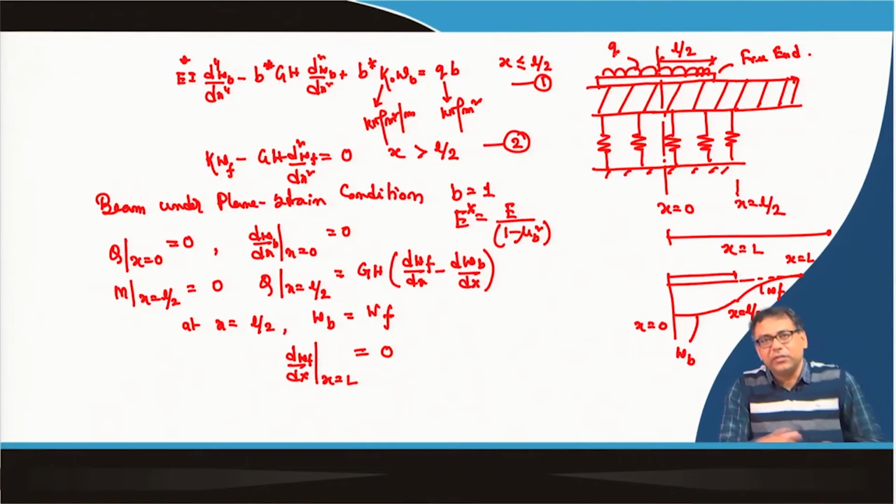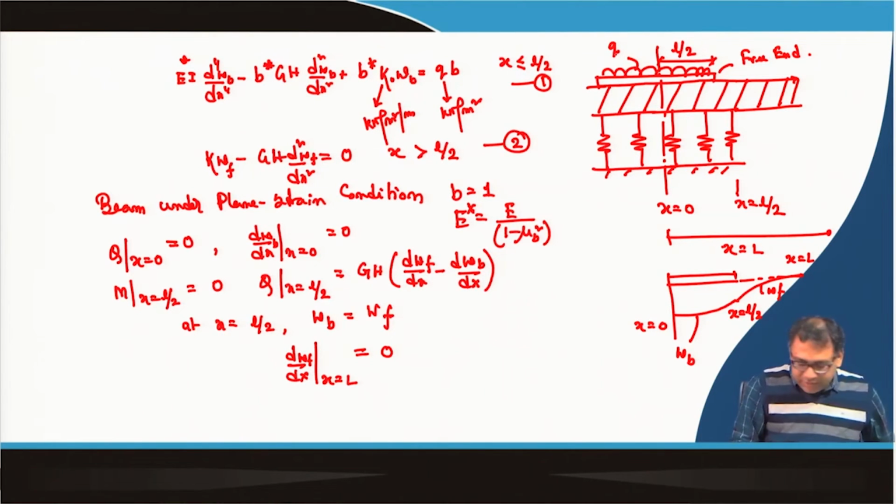Now, you solve these equations by using the finite difference scheme, the way I have discussed for the beam on Winkler model or spring. Now, you can use different boundary conditions for different loading conditions also. So, how we can do that? Suppose we can use different boundary conditions also for different loading conditions.